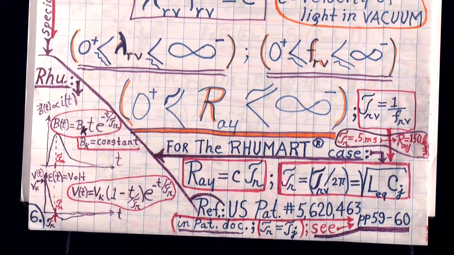This time constant is simply given in the Raman US patterns by the square root of the equivalent inductance, when you have more than one inductance in the field, multiplied by the capacitance that is given in the US pattern.